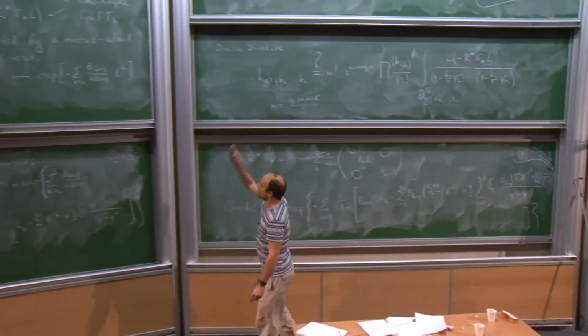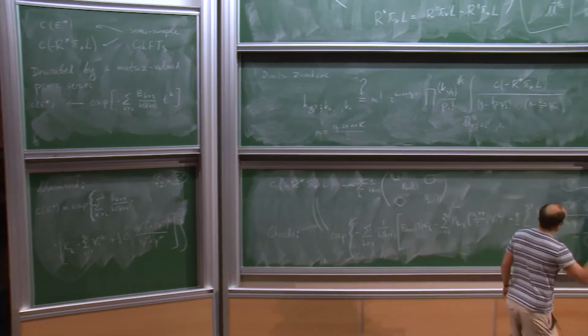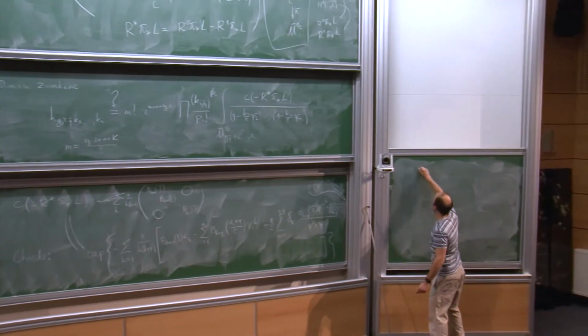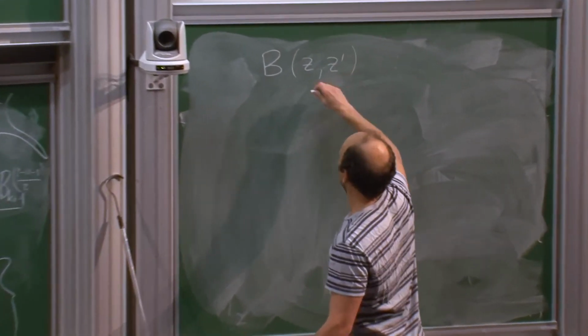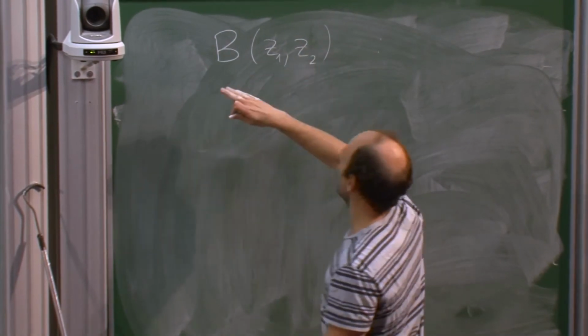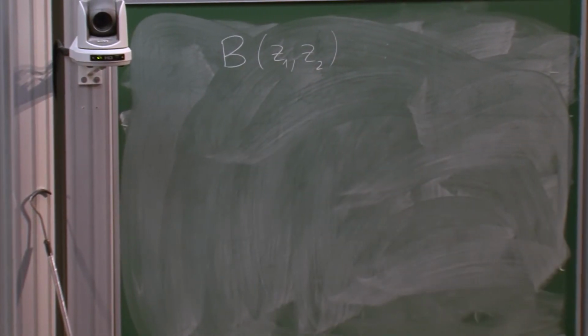So when you have a curve, remember the B of z prime, or z1, z2, that was part of the spectral curve.